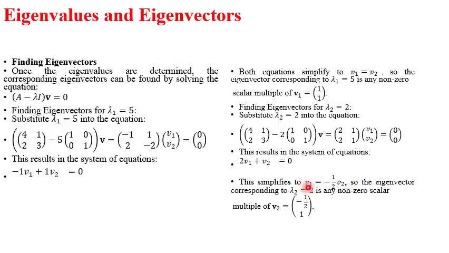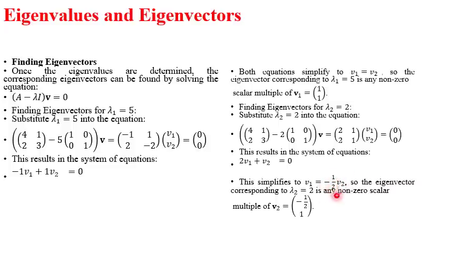Now, because this is v1, we can say this eigenvector can be represented as minus 1 all over 2, and of course, if say v2 equals 1, then v1 will equal minus 1 all over 2.